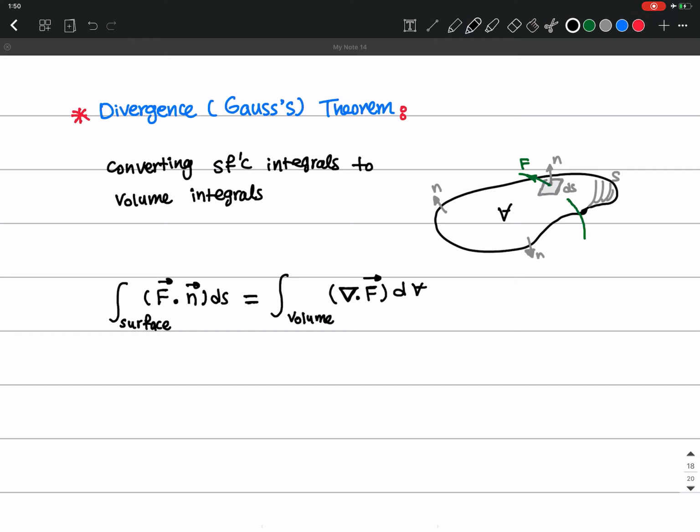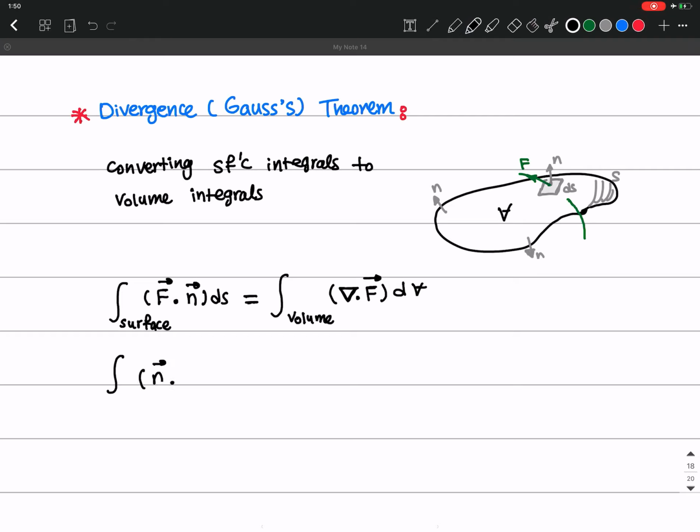Okay, so for example, in the case of the continuity equation, instead of f we just put rho v, the mass flux.